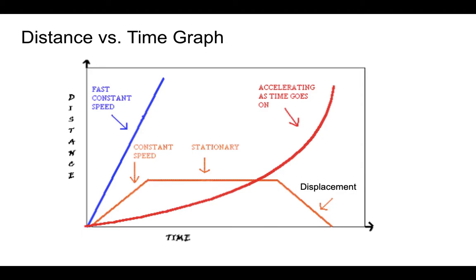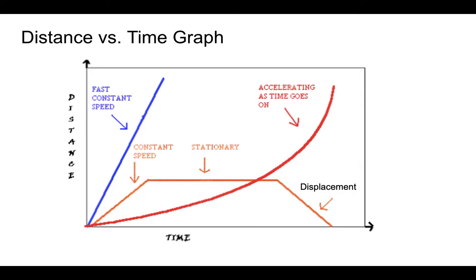Sometimes we like to graph distance and displacement, and the time component then comes into play, because we want to tell, well, how much distance are we traveling over time? You see the blue line there is showing a fast, constant speed. Notice the line is nice and straight. The red line shows a gradual slope.